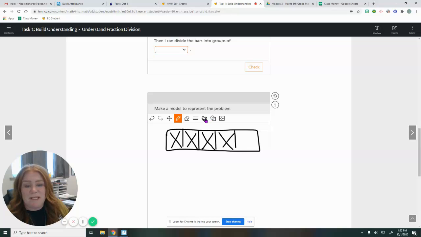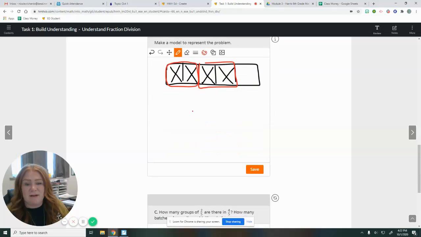And then I'm going to grab a different color here because we want them in groups of 2. I'm going to say that these 2 go together and these 2 go together. So I can see that 4/5 divided by 2/5 equals 2.